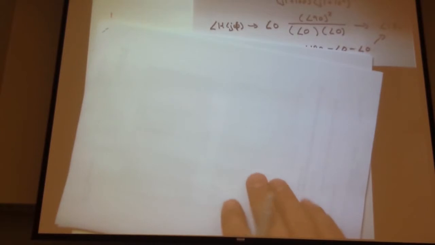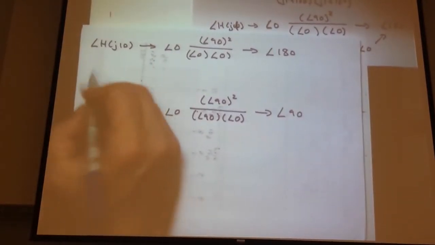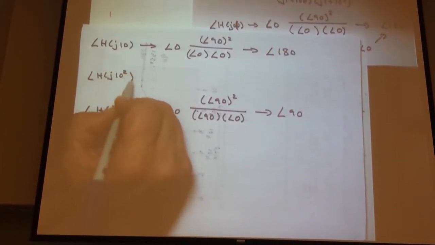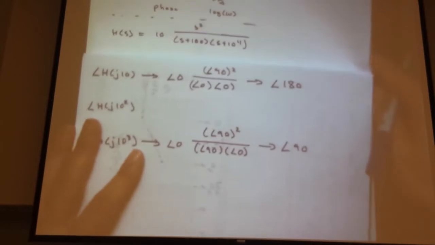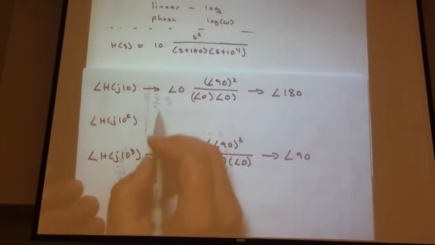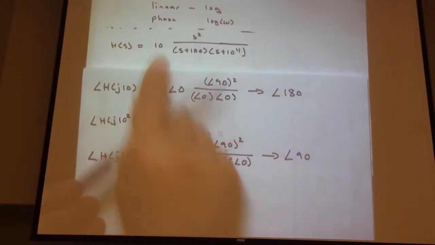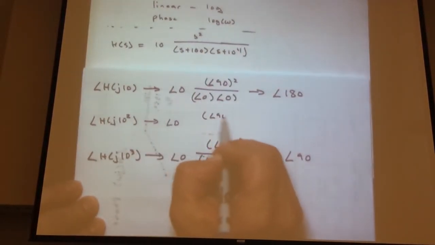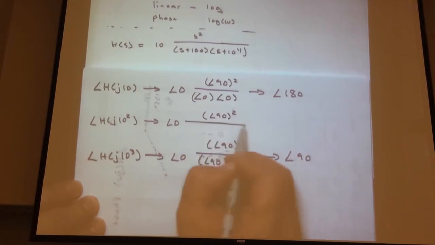So I left room, I skipped the pole, which unfortunately was on the other side of the same piece of paper. So we can look at H of j10 to the 2. There's our transfer function once again. Angle 0 for the 10. The s squared, that doesn't change. Angle 90 squared.